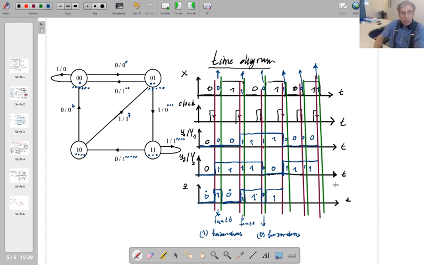So a new problem came in now. There is an unexpected and hazardous output. How can we get rid of this hazardous output? Now, the solution to this engineering problem is to put a delay element at this output.